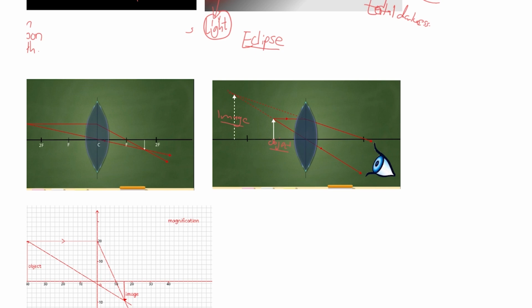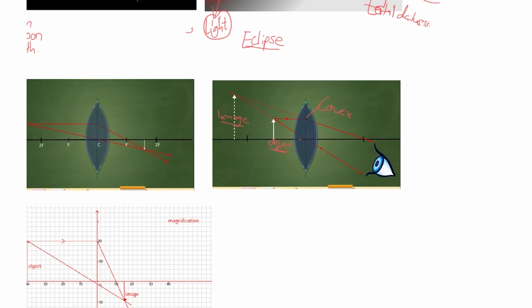You can see that here the image is larger than the object, meaning that in this convex scenario our image has been magnified, and we want a magnified image.